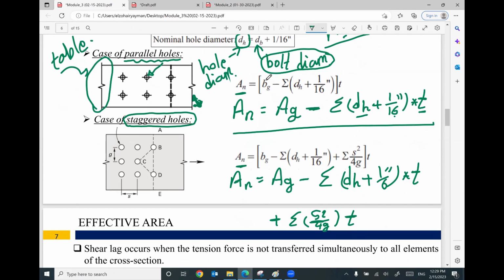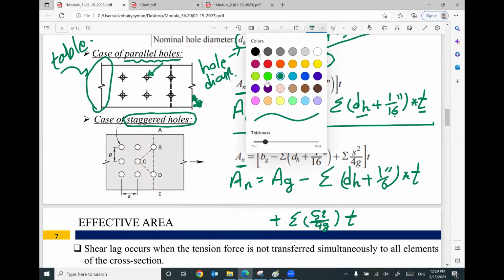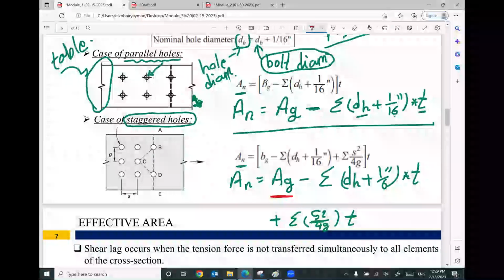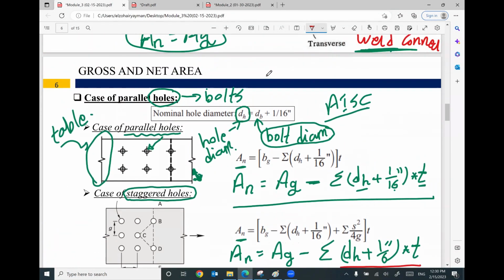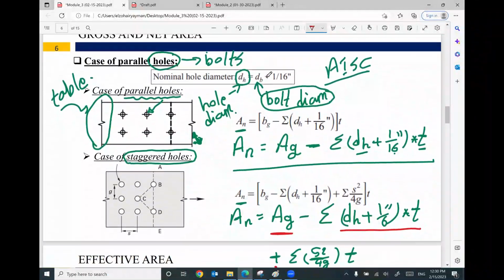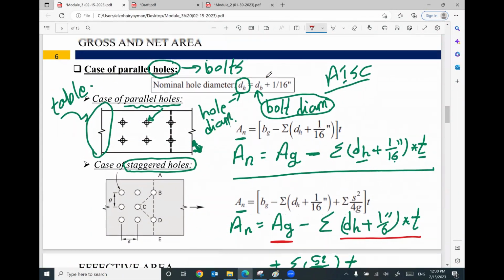So I will rewrite this expression in a different way: area gross minus this expression plus this expression. What is the meaning of s squared and g? We will cover this later, but so far, if you have parallel holes, this is how to figure out the area net, and if you have staggered holes, this is how to figure out the area net.